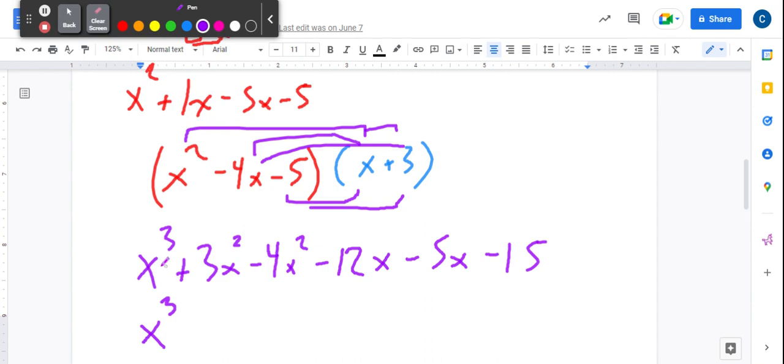So we have positive 3x squared minus 4x squared, which is going to be negative x squared. And then we have the negative 12x minus 5x, which is negative 17x. Then we minus 15.